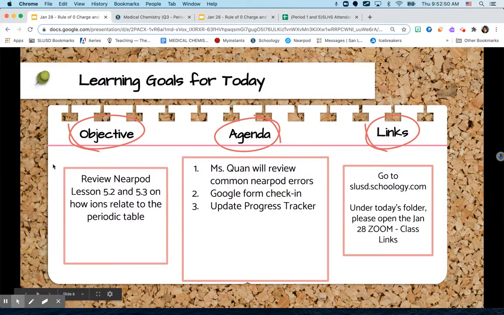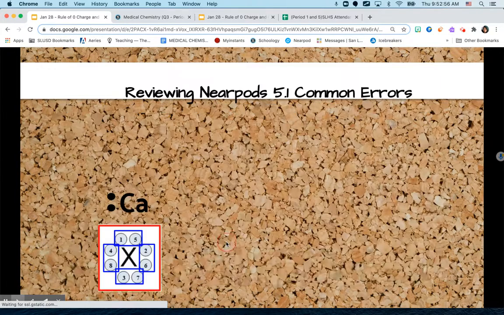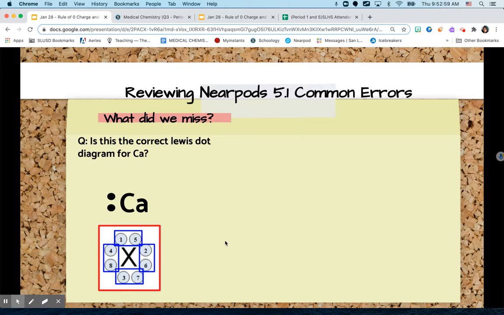Mainly today we're reviewing Nearpods 5.2 and 5.3, and then you are completing the launch. Let's go over a couple of common errors I noticed, starting from lesson 5.1. Some of you are drawing your Lewis dot diagrams like so.